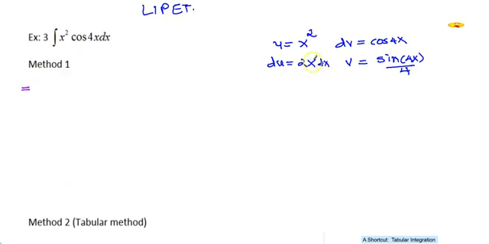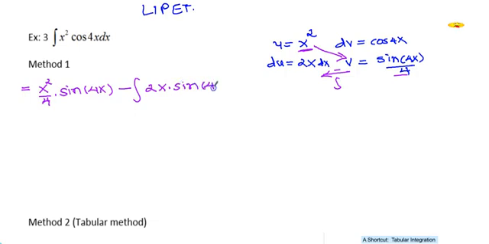The integral is equal to u times v, so x square over 4 times sine 4x, minus integral v du, so minus the integral of 2x times sine 4x divided by 4 dx.